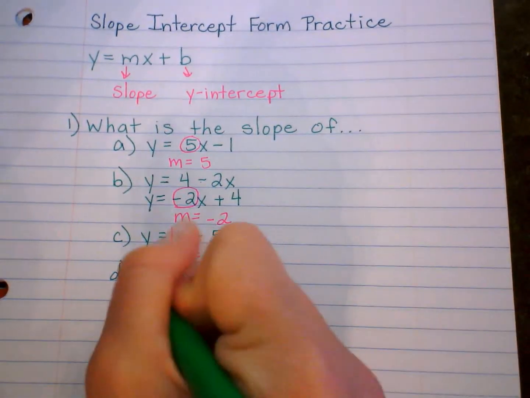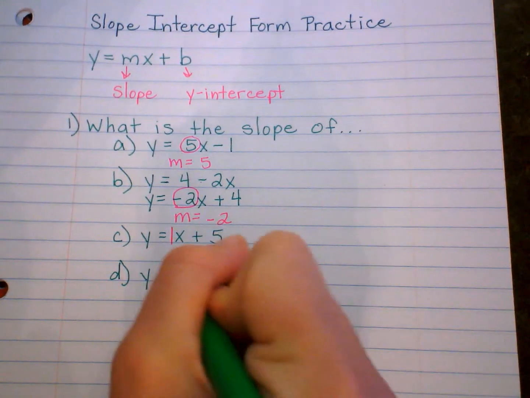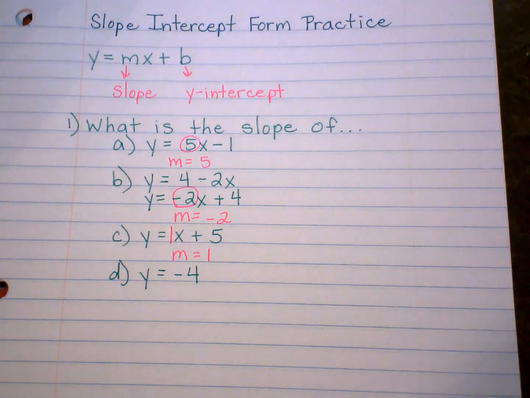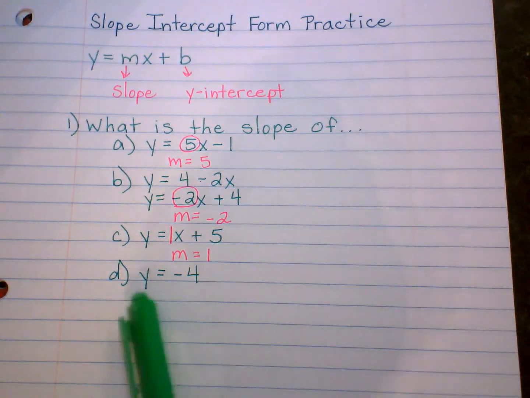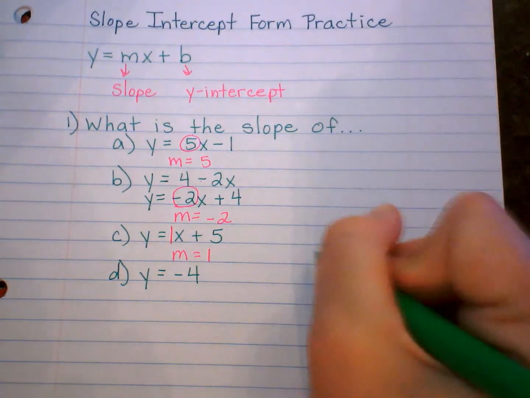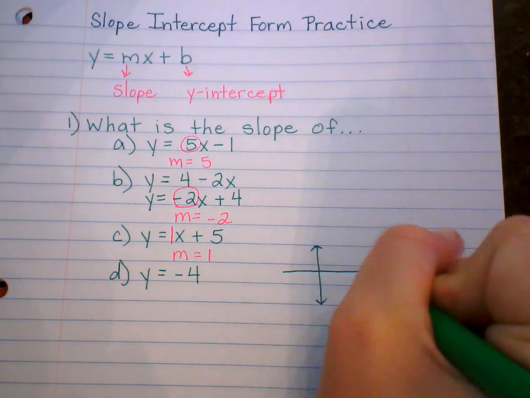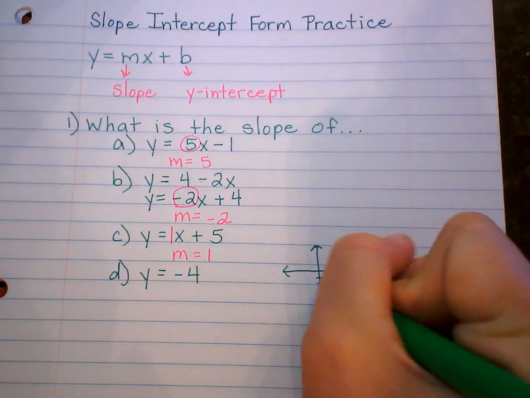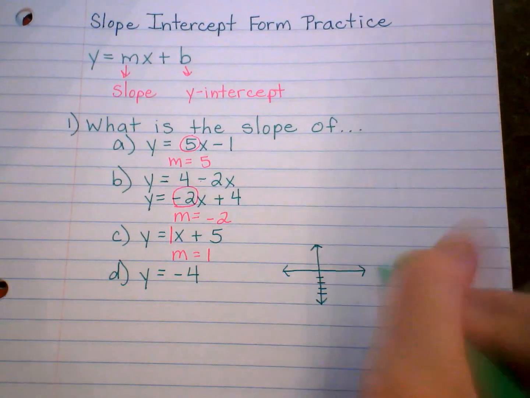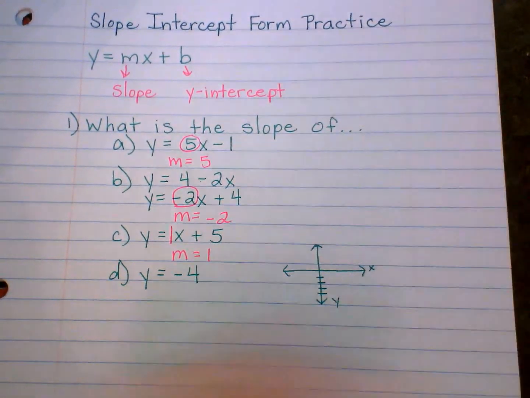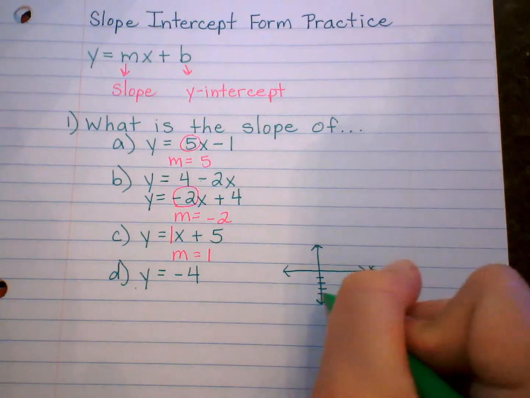All right, so the last one like this. What is the slope for the equation y equals negative 4? Okay, well, this equation y equals negative 4 is telling us that if you have your graph, negative 1, negative 2, negative 3, negative 4, x, y is always going to be negative 4.